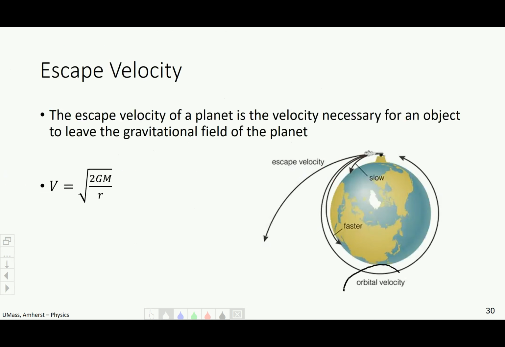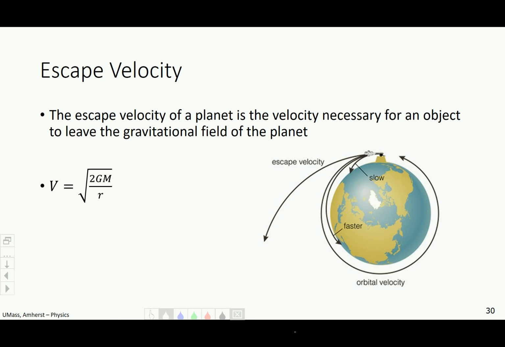An escape velocity is how fast you would have to basically shoot something tangential to the Earth's surface for it to escape the gravitational field of the planet entirely. So there is a certain speed that you would have to go.